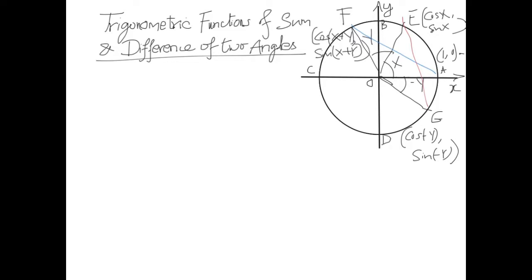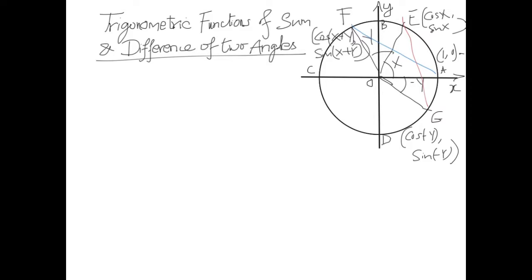And the two adjoining sides, that is OA and OF, are both equal to 1 because this is a unit circle, and so are the sides OE and OG in the triangle OEG. So therefore these two triangles are congruent, and therefore their third sides would also be equal, which is side AF would be equal to side EG.